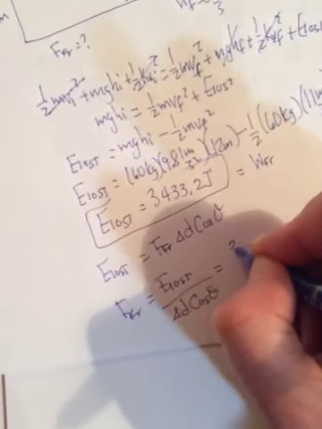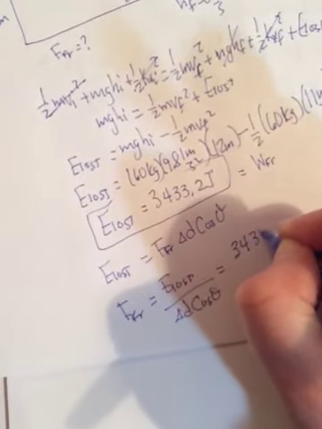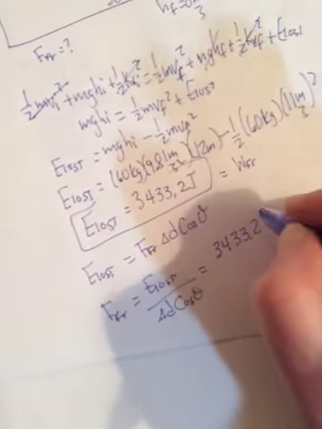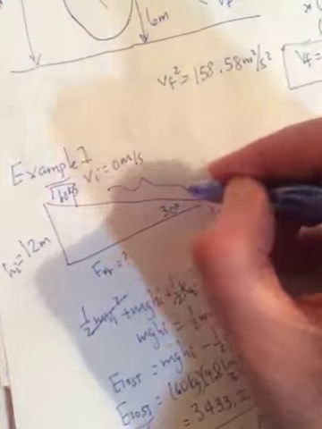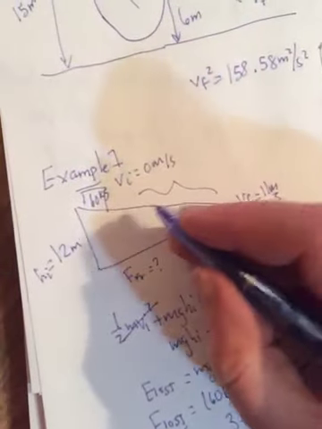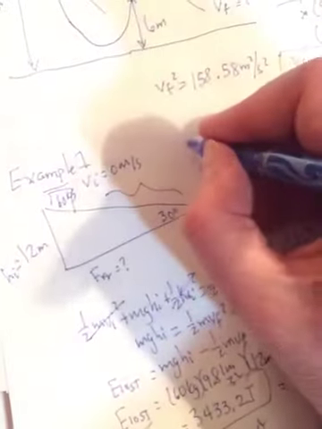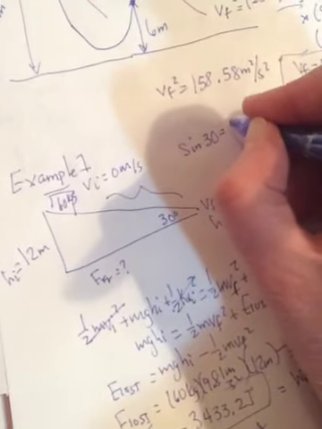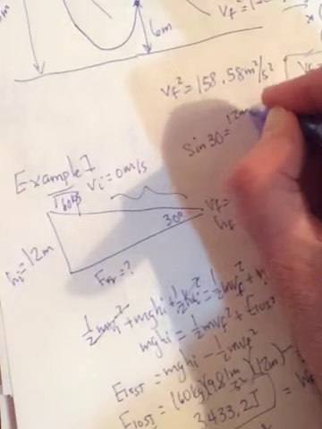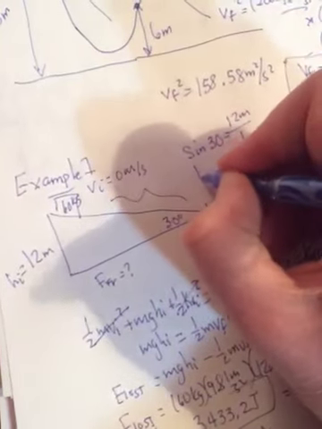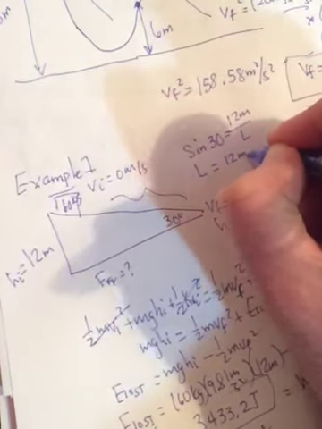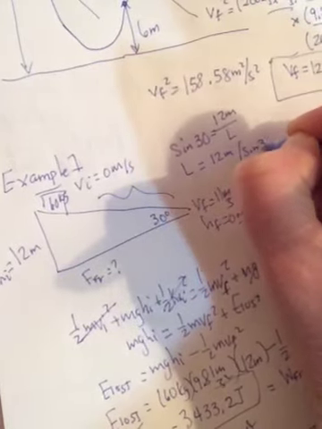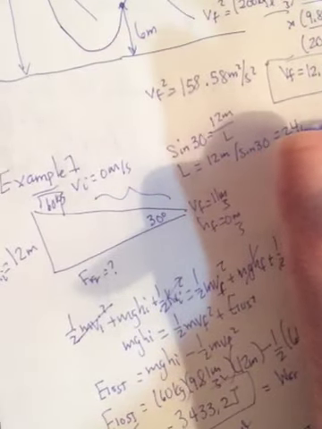So the E lost we just found was 3,433.2 joules. The delta D is the length of the slide. So the angle is 30 degrees and the height is 12. We could use sine of 30 is equal to 12 meters over the length. So the length will equal 12 meters divided by the sine of 30, or 24 meters.